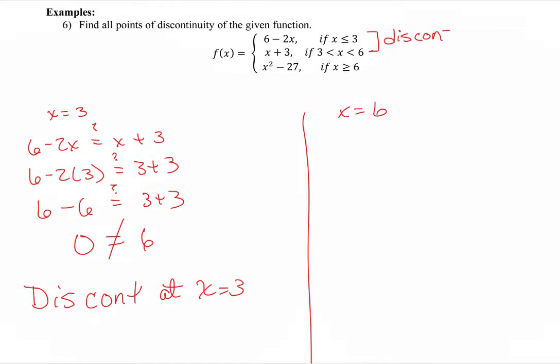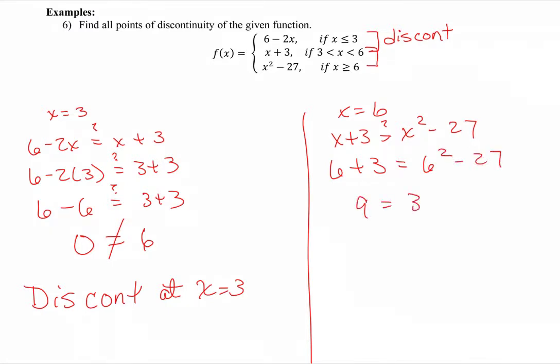Now we're going to check here to see if we're continuous. We want x plus 3 to equal x squared minus 27 at 6. So does 6 plus 3 equal 6 squared minus 27? So does 9 equal 36 minus 27?